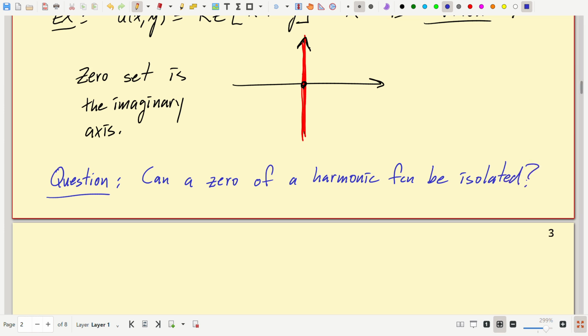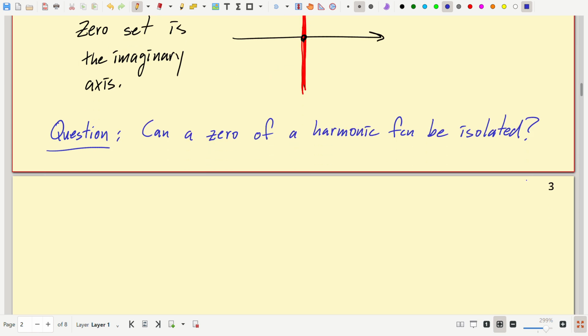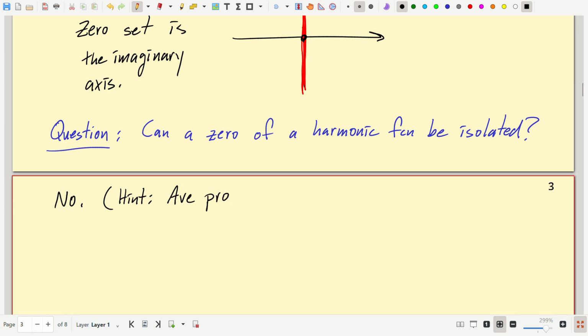I'll let you think about that before I tell you the answer. The answer is no. There can't be an isolated zero. And the hint for how you would think about it is the averaging property. I'll let you think about it before I show you that argument about how that's going to work.